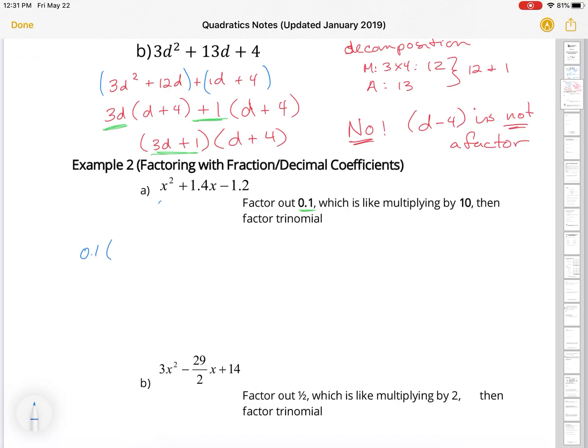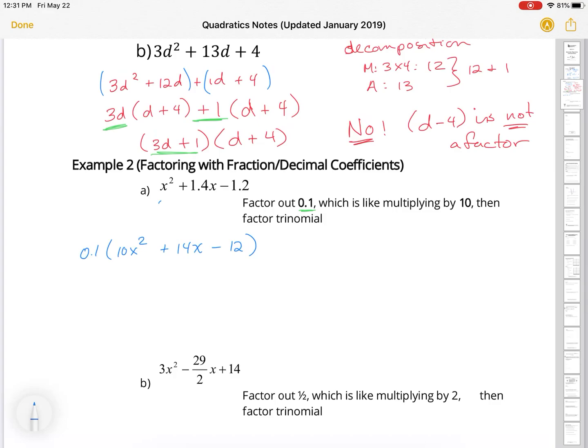So what will happen then is I'll get a 10x squared plus 14x minus 12. So try that. If you take 1 divided by 0.1, you'll get 10. If you take a 1.4 divided by 0.1, you get 14. And a 1.2 divided by 0.1 will give you 12.